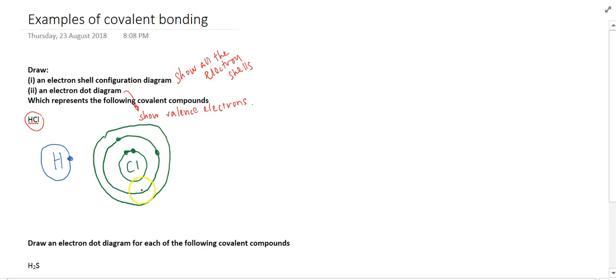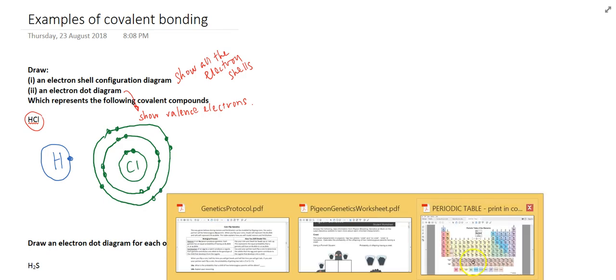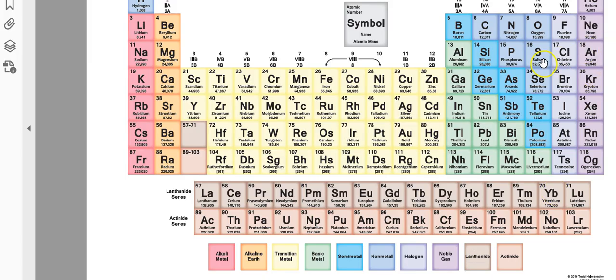Second shell we have 8 electrons, up to a total of 10. And then in the third shell we will have 7 electrons for a total of 17, and that matches chlorine's atomic number, which is 17.